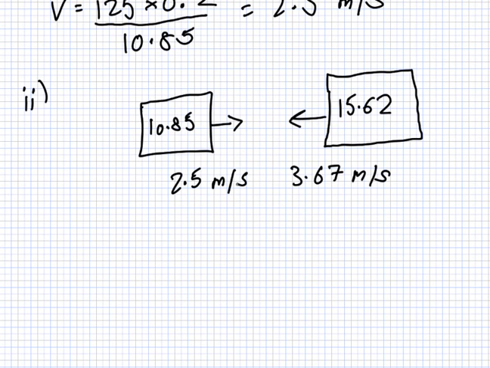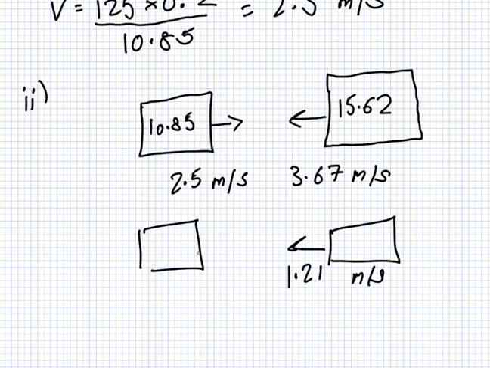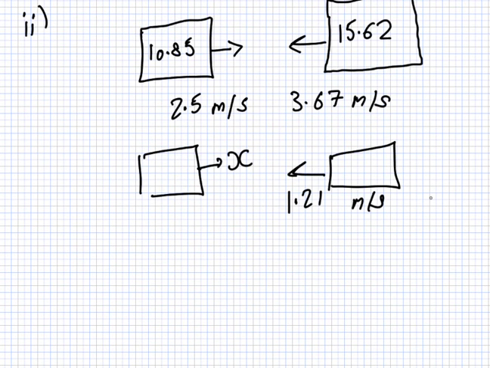After the collision, B continues to move in the same direction with a speed of 1.21. But we don't know what the speed of this one is. I'll call it X. What formula do I need to use? Conservation of momentum.